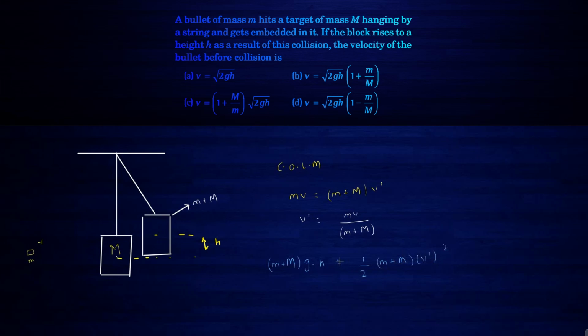So this is conservation of energy. So by this we can write root over 2gh is equal to v dash.